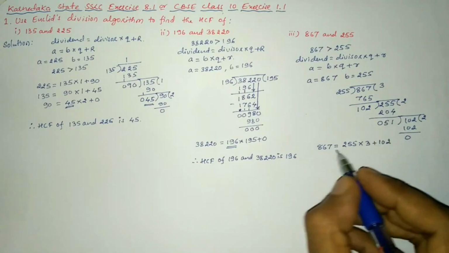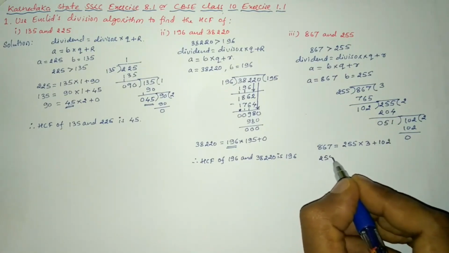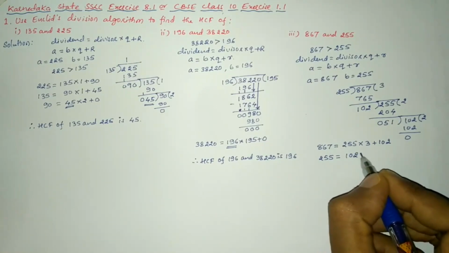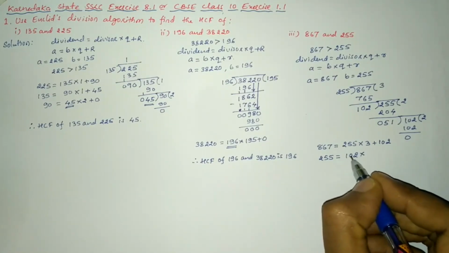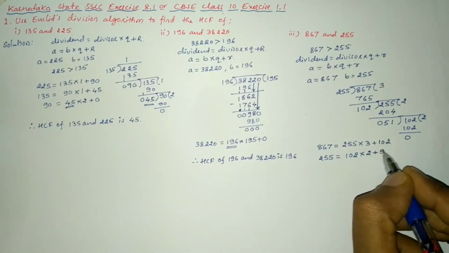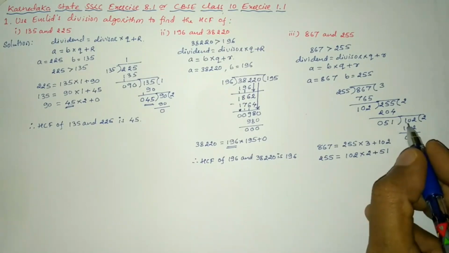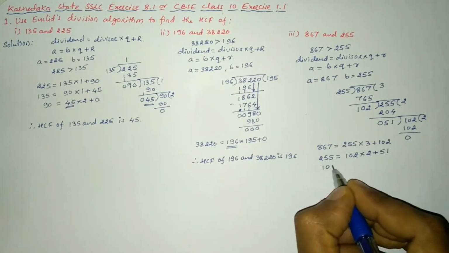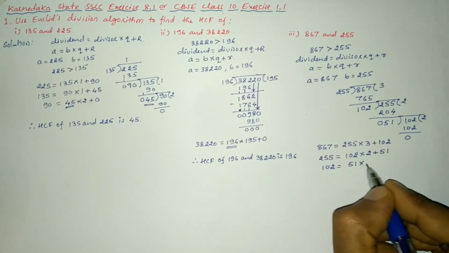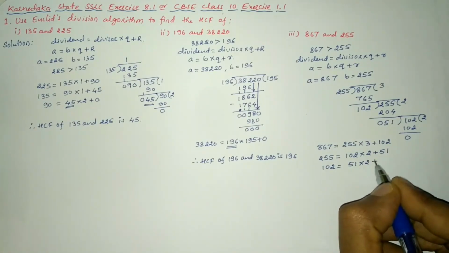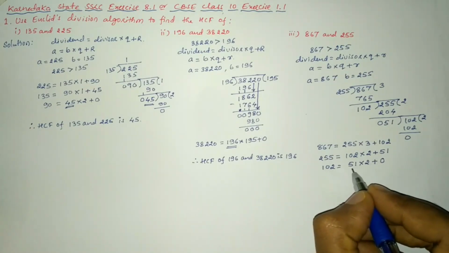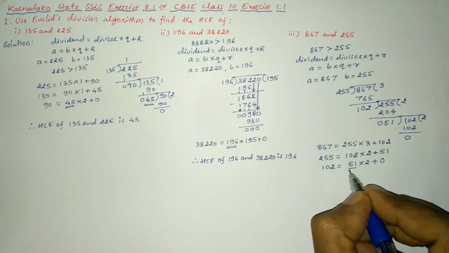In the second step, 255 was the dividend and 102 was the divisor, into quotient 2 plus remainder 51. In the next, third step, 102 was the dividend and 51 was the divisor, into 2 as the quotient plus remainder 0. Here the last divisor was 51.